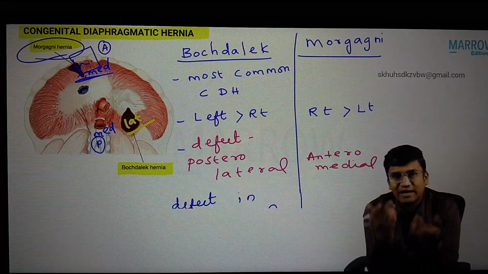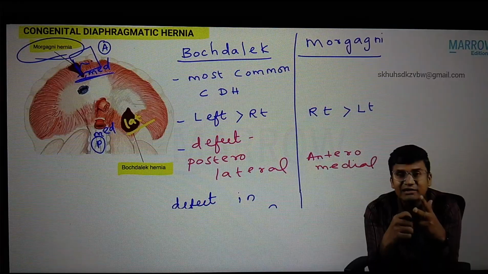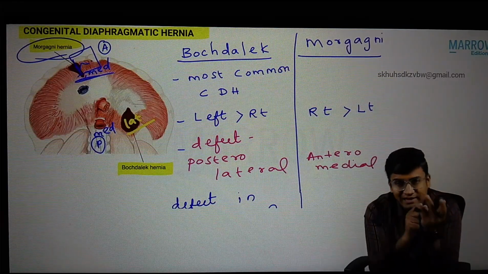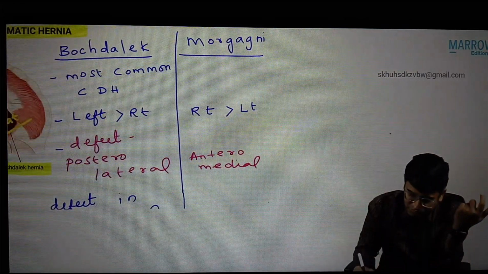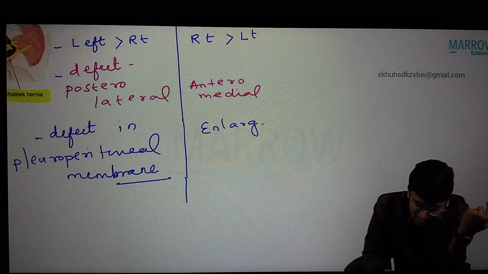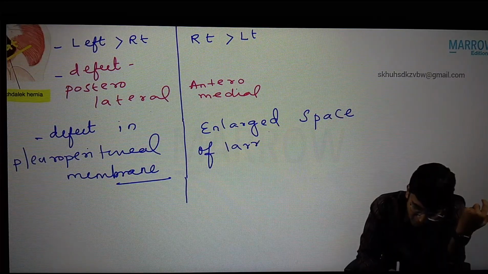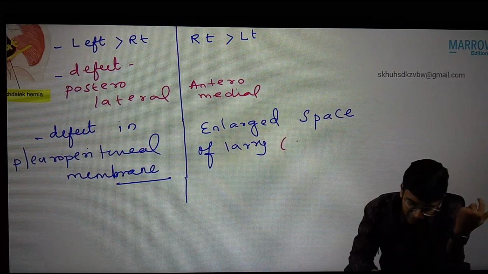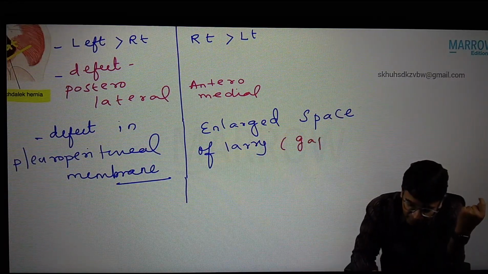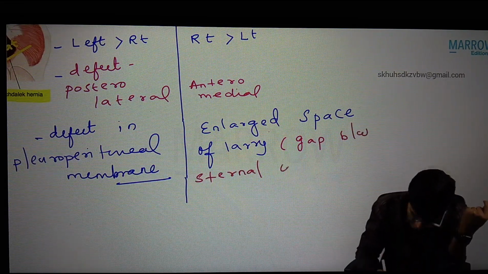That gap is called the space of Larrey. When the space of Larrey is enlarged, it is called the Morgagni foramen, and through that the Morgagni hernia will occur. So it is due to an enlarged space of Larrey, which is nothing but the gap between the sternal origin and the costal origins of the diaphragm.